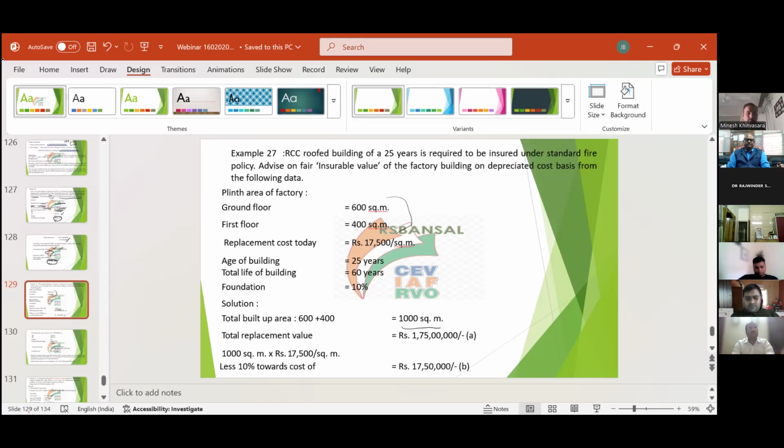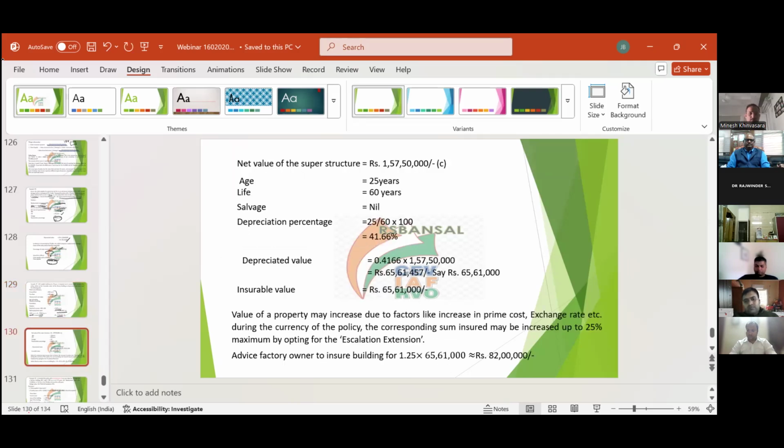Rate is 17,500 into 1,000 square meter, means 1 crore 75 lakh. 10% towards cost of foundation means 17 lakh 50,000. So net value of superstructure is 1 crore 57 lakh 50,000. Age 25, life 60, salvage is generally considered as nil.